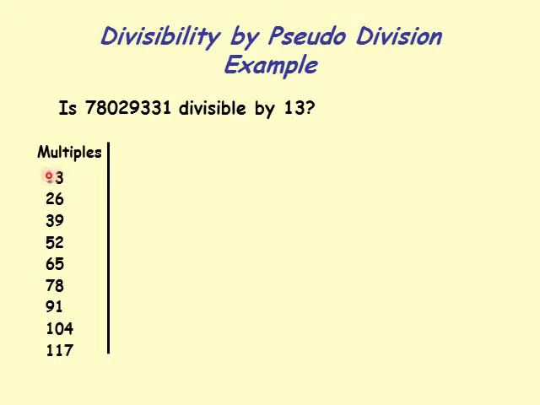This is just so I can show you what I'm doing. You should remember the first 4 or 5. The original number is 780293331. I just added some spaces here so that I can work with it.